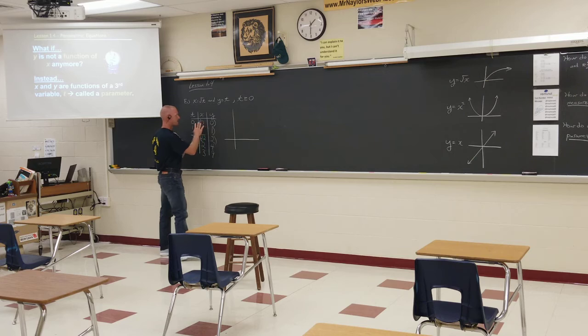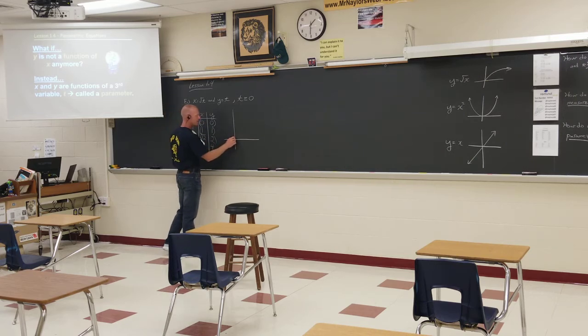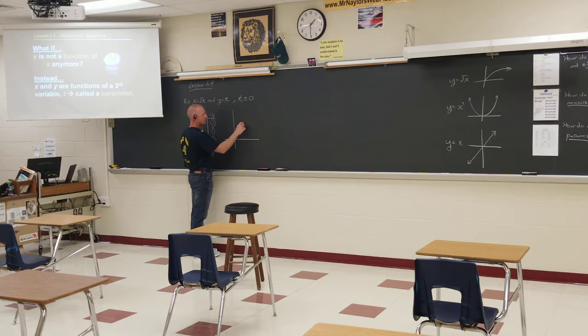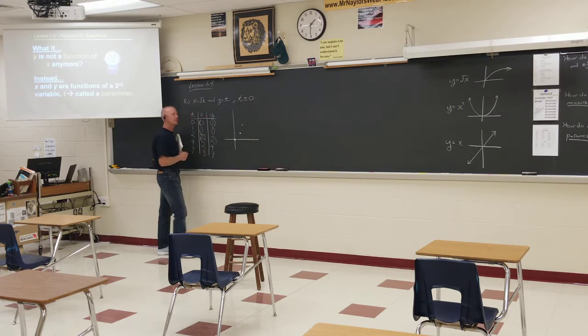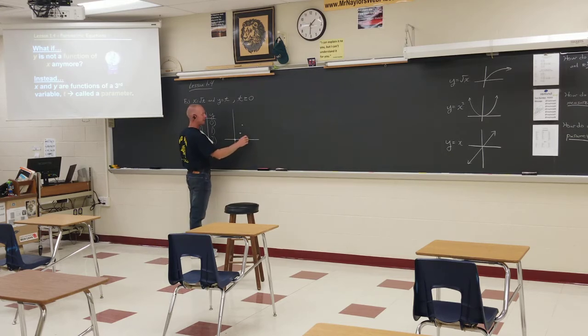But for now, we're just making a sketch of each of these ordered pairs, 0, 0, 1, 1. Now the square root of 2 is 1.4, and the y value is 2. So we want to see that we begin to change in a non-linear fashion.